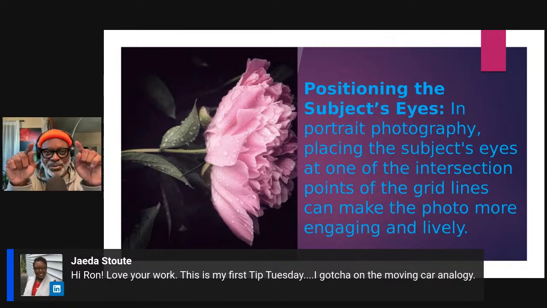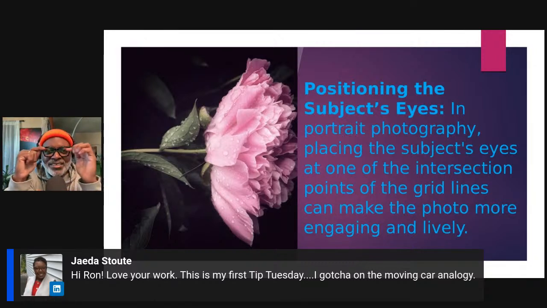The intersection on the top is where we like to put the face, or the eyes. The eyes are usually located on that first quadrant line, somewhere near it. And we usually take the eye of the subject and place it on one of the intersections. Does that make sense?